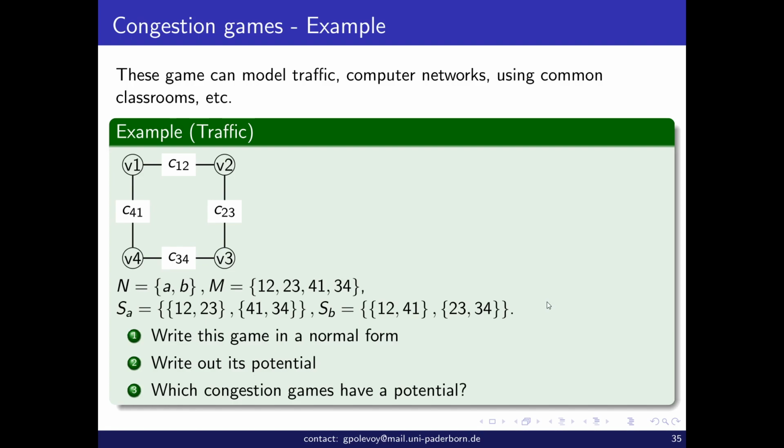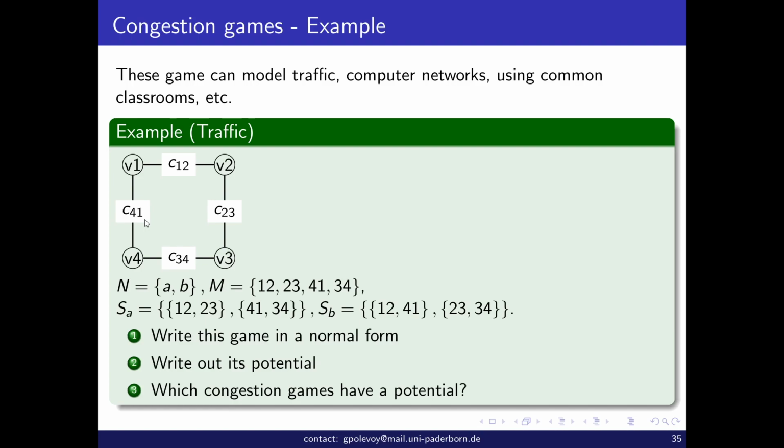So the example includes a network of 4 nodes, v1, v2, v3, v4. And the cost functions of each of the edges connecting the nodes are c12, c23, c34, and c41.